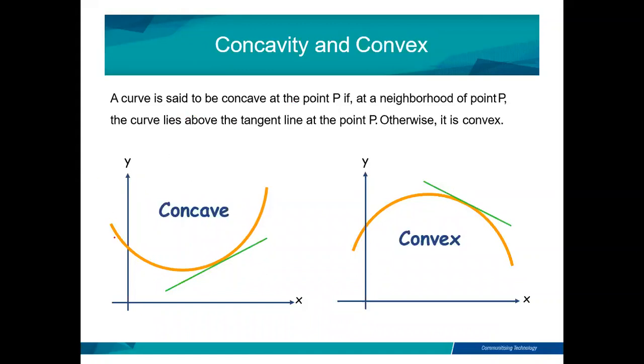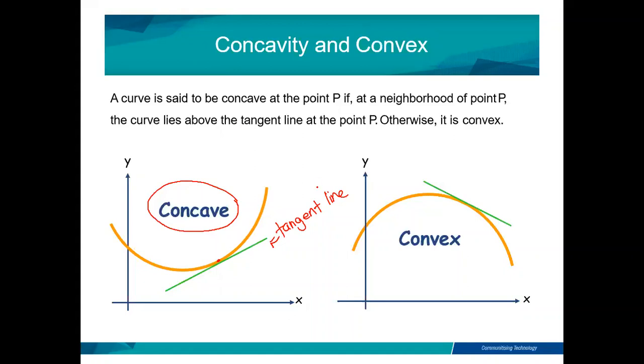So we have a curve, and a point P with a line touching it. This one we call the tangent line.